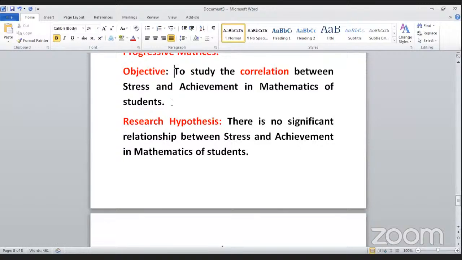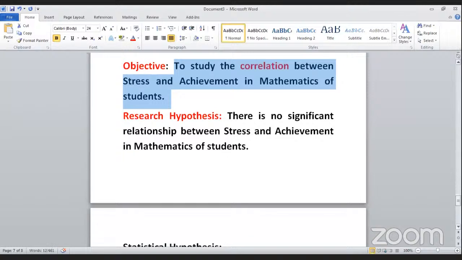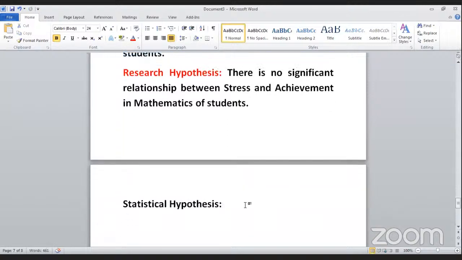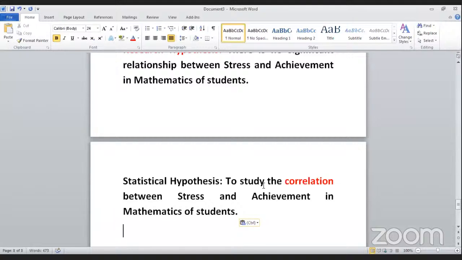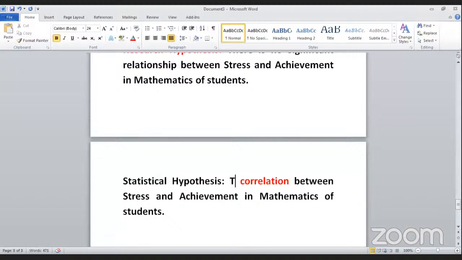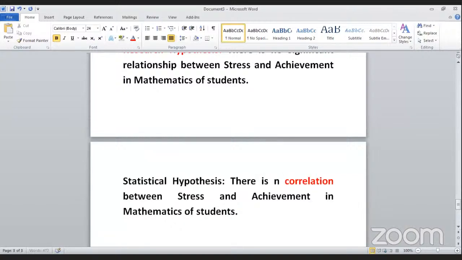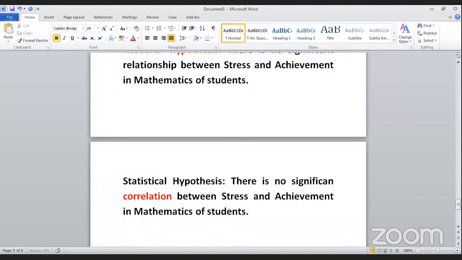I can just copy this one and write: there is no significant correlation between stress and achievement in mathematics of students. Now, because I have written the word correlation, it becomes a statistical hypothesis.